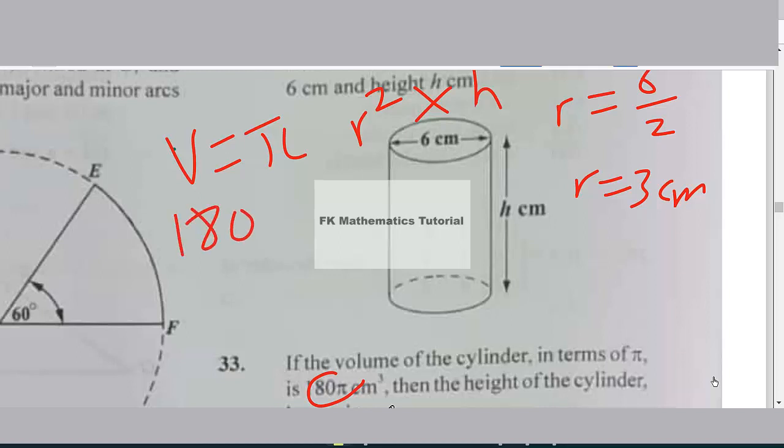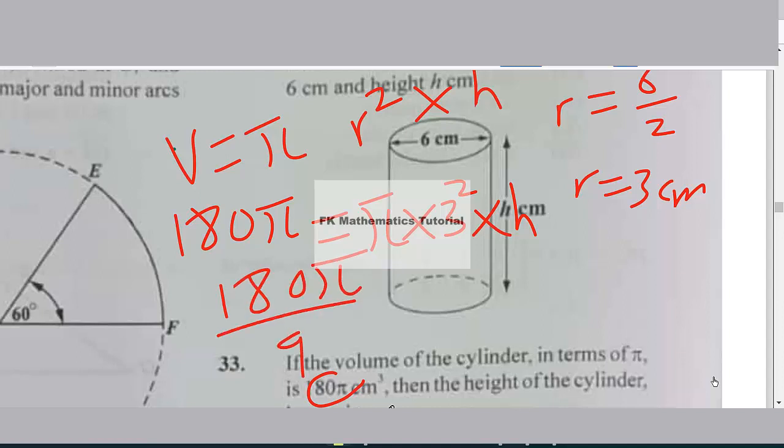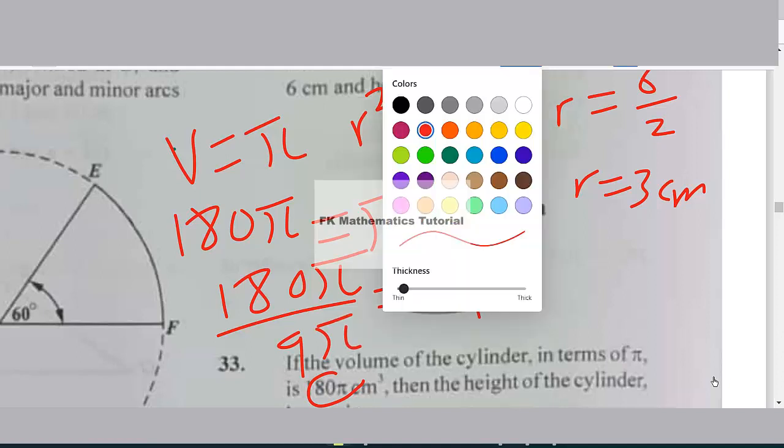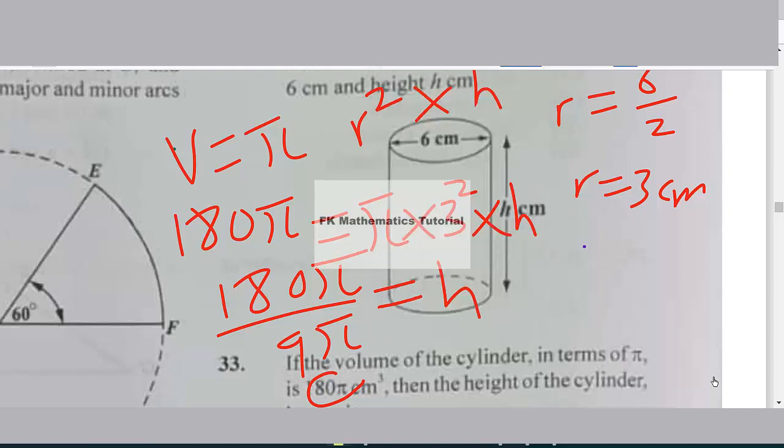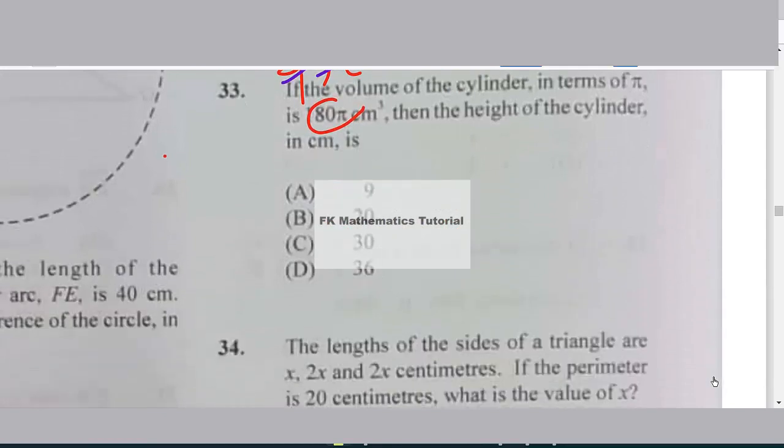So we substitute 180 pi over here, and that should be equal to pi r square, which is 3 squared times h. So 3 squared is 9. So 180 pi over 9 pi will be equal to h. This will cancel this. 9 will go into 180 20 times. So the height will be 20 centimeters.